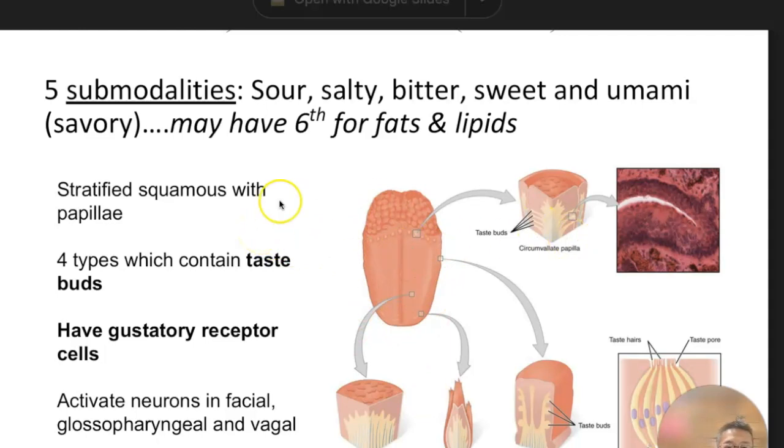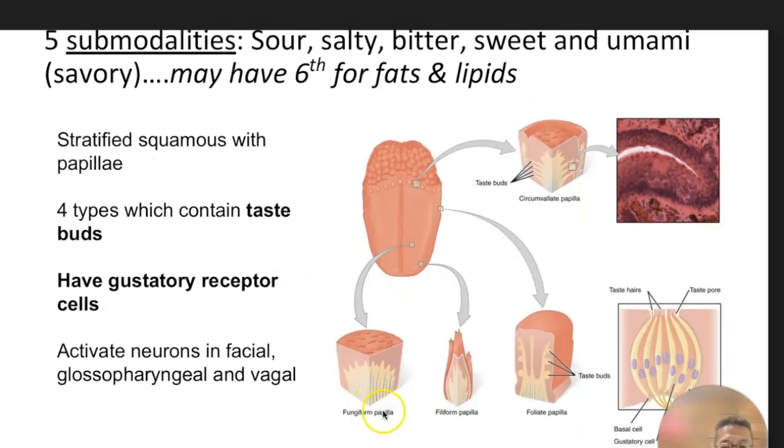So the top of the tongue is filled with stratified squamous epithelium with papillae. Now, stratified squamous, you guys remember, it is like squares on top of one another. The papillae are bumps on your tongue.